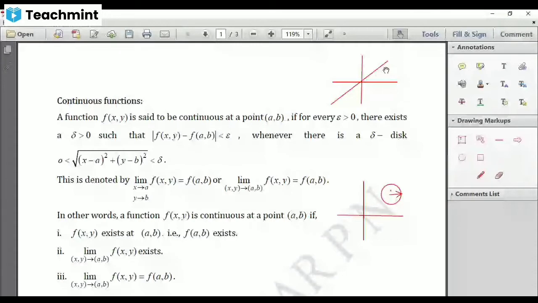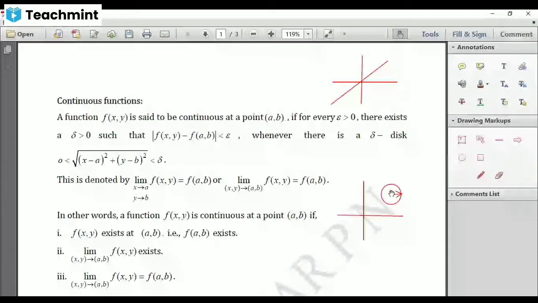If you take epsilon neighborhood of that, all these points will be in that neighborhood, right? Whenever these points are near to a comma b, corresponding x, y, f of xy will be near to point order triplet a comma b comma f of a comma b.